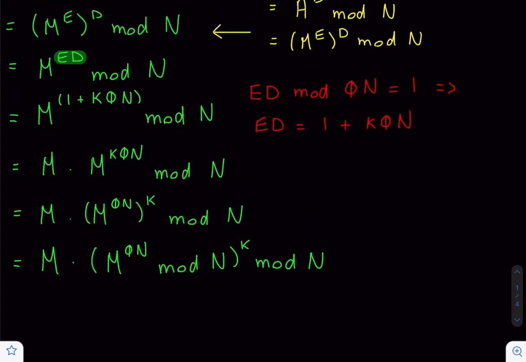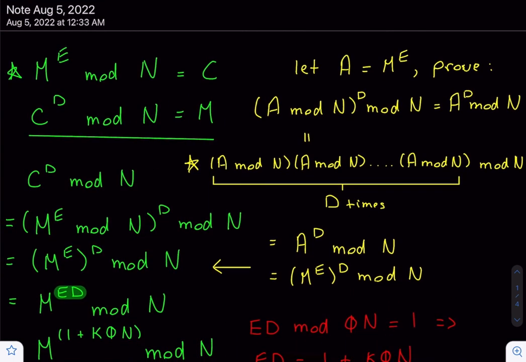And this comes from using this property right here and substituting in m to the phi n for a and k for d and letting n remain the same.